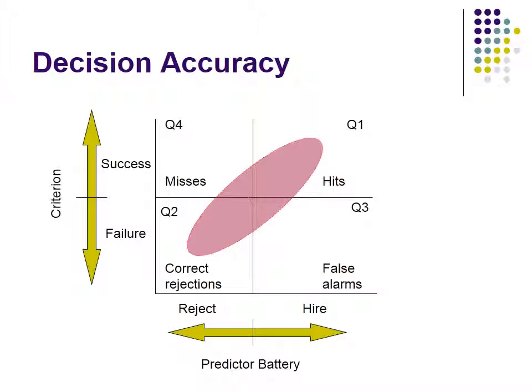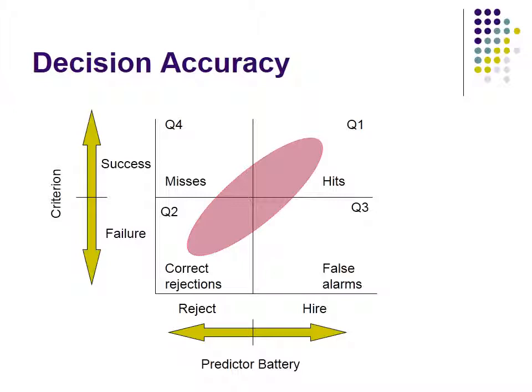And what this is, is a correlation matrix that's showing the relationship between the predictor and performance. And what drawing these 2 lines gives us is 4 quadrants. It gives us first, to the top and the right, Q1. That's hits. Anyone that falls into this range is someone that we predicted would do well and actually does do well.